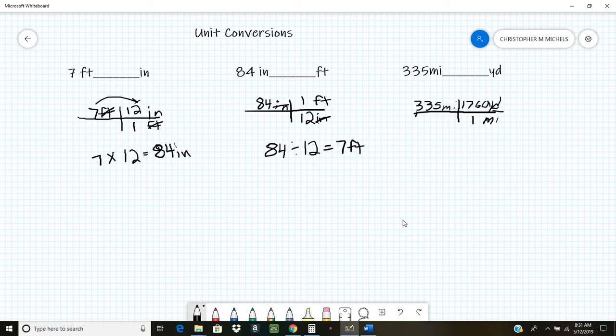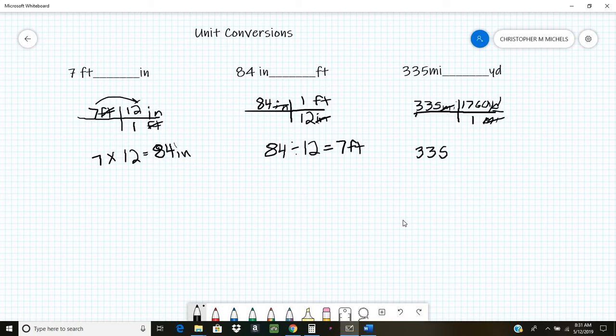So now again, I'd encourage you to pause the video and think about, okay, what operation do I do here to get the actual conversion? And see if it matches what I'm about to do. So miles crosses out the miles, right? 1's on the bottom, so you guessed it, I multiply.